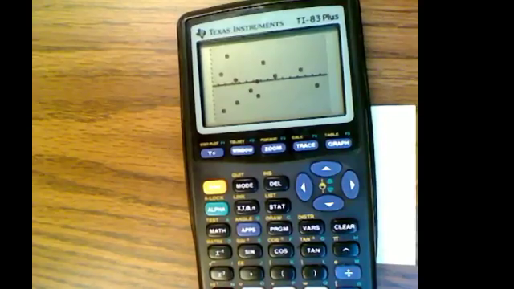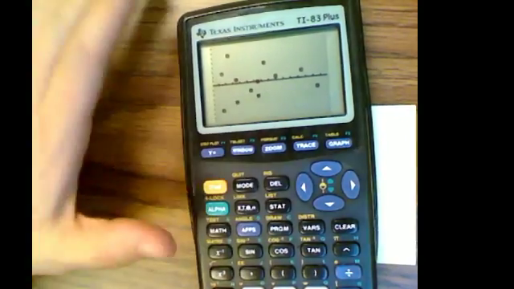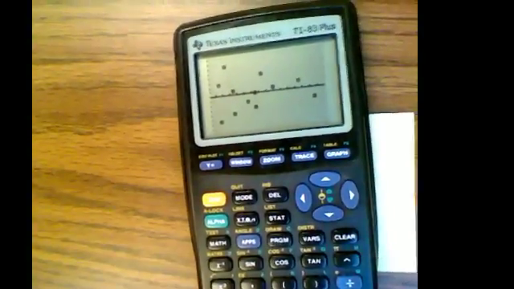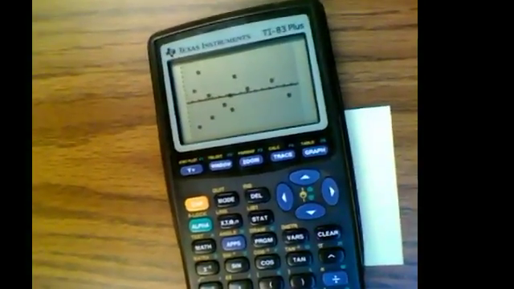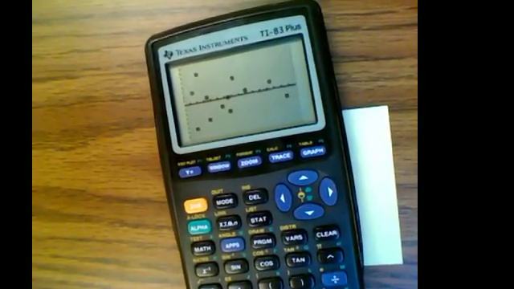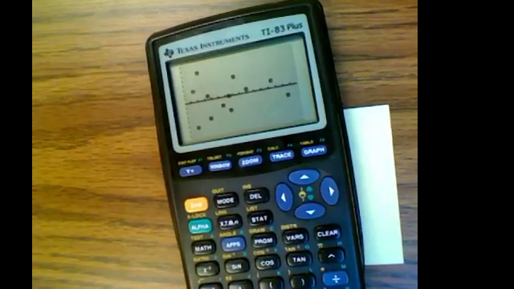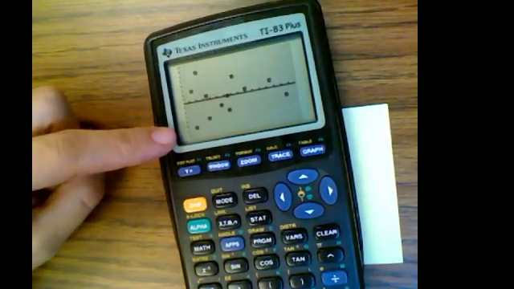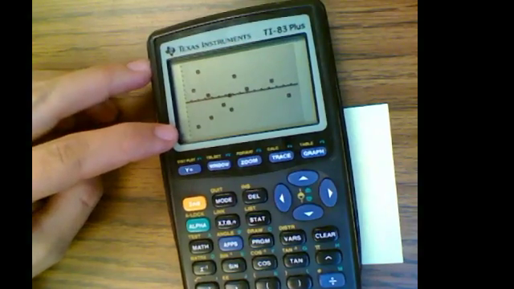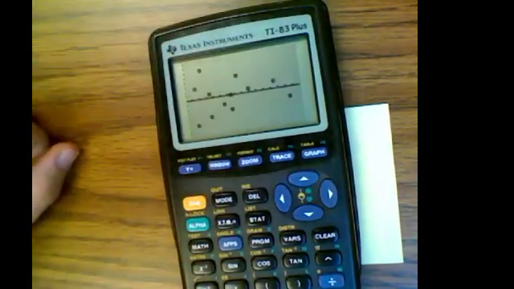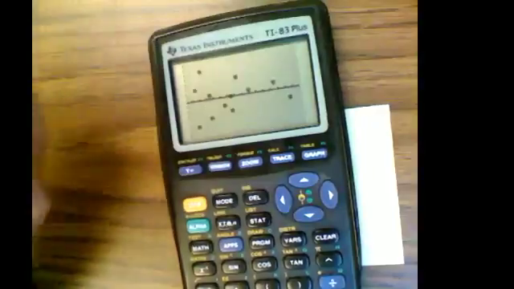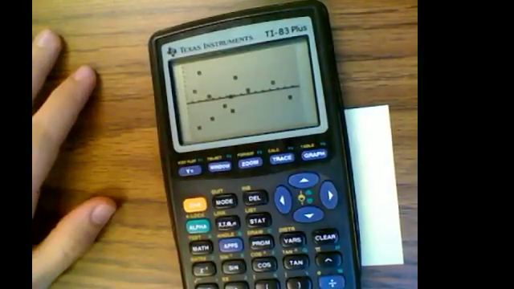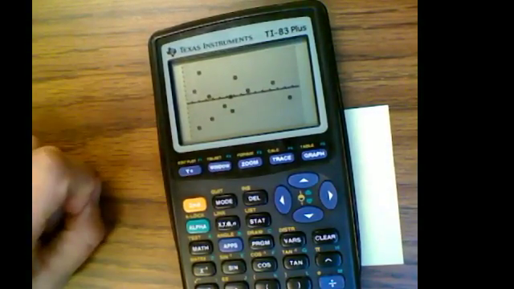The question that I will ask you about residuals is really only one: is the linear model appropriate for this data? The answer on this question is yes, because there are two criteria that we look at with a residual plot. The first criterion is that there is no pattern. It's not curved, it's not going up in a line, there's nothing going on here. That's a good thing with residual plots.